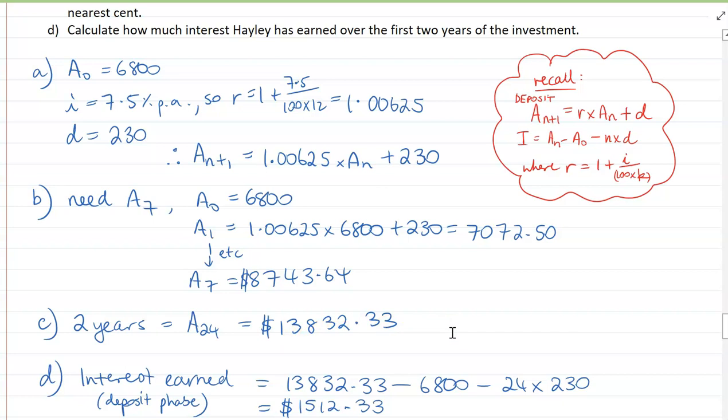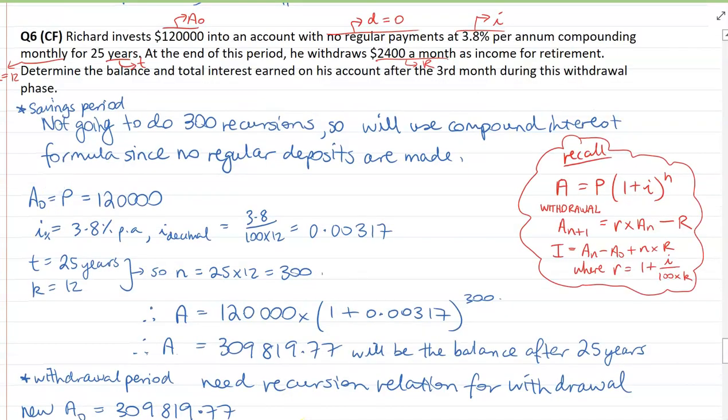In terms of the interest earned during that 2 years, we take that final balance and we minus the principal, also taking off 24 lots of the $230 deposit, and interest earned over that 2 years of the investment would have been $1,512.33.